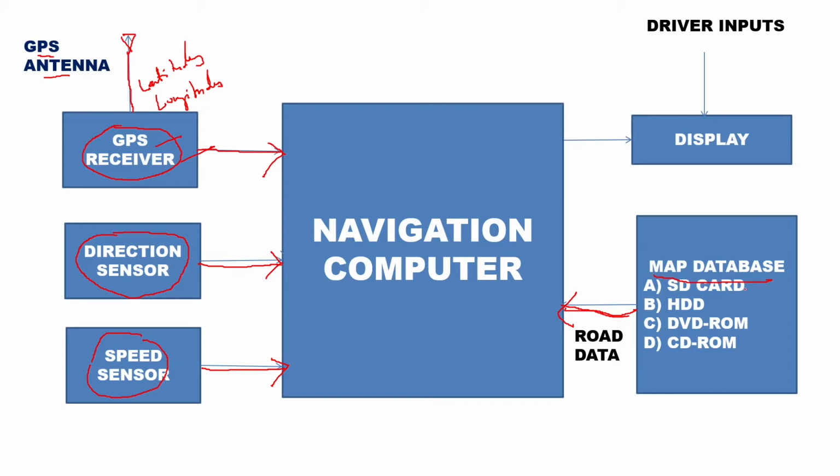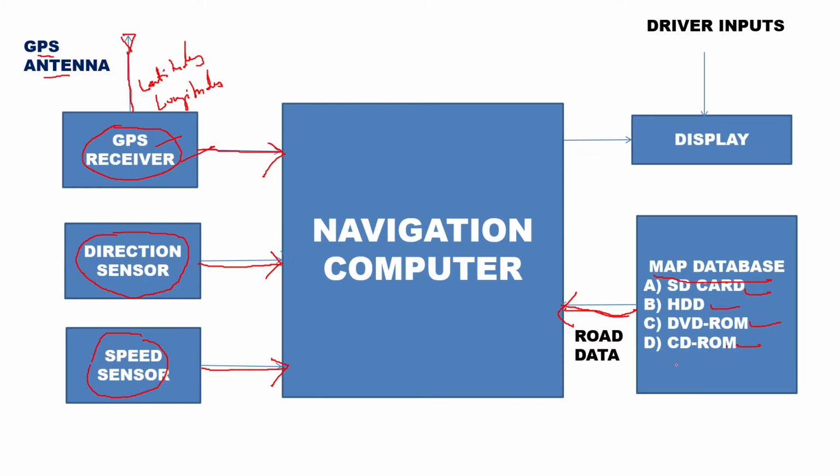It can be in an SD card, hard disk drive, DVD ROM or CD ROM, any type of memory. That memory has geographical information about the area in which the vehicle is, like the name of the street, the house numbers, or the benchmarks.